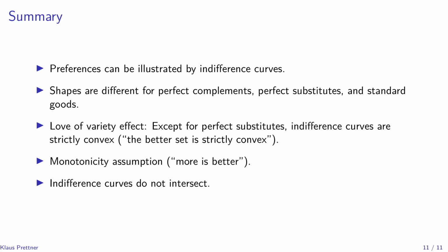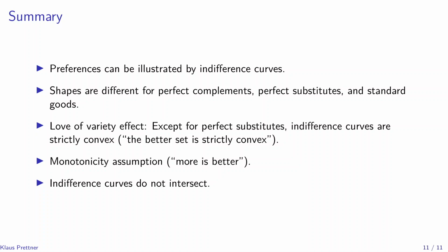Or if you have certain standard goods with a certain degree of substitutability, then you would have curves that are bulged towards the origin. That's also called the love of variety effect. And except for perfect substitutes, that's the case, so that the indifference curves are strictly convex, and that's nothing else than this statement that they are bulged towards the origin. And this also implies that the better set is a strictly convex set, as we've illustrated before.